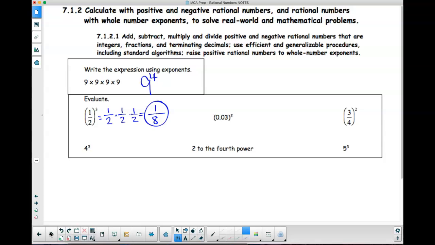If it's decimals, use your calculator. 0.03 squared. That means I need to do 0.03 times 0.03. And you get 0.0009.